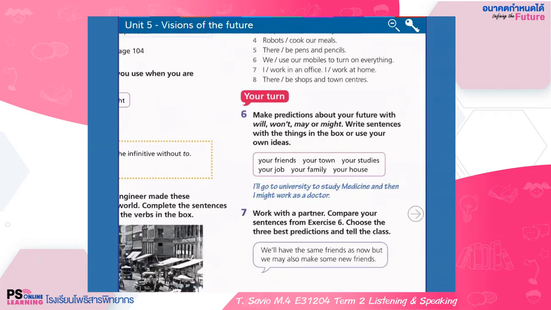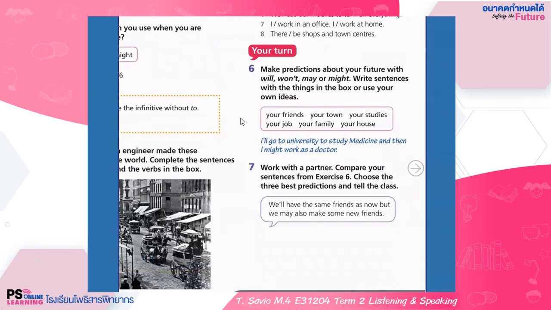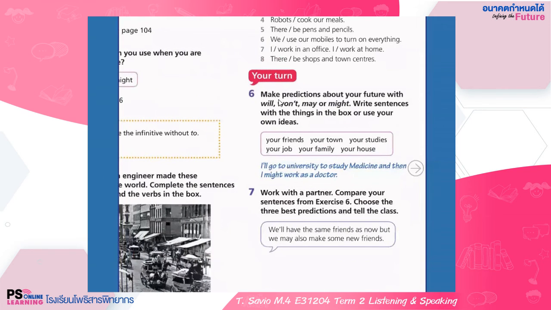Normally your turn we would do in the classroom. Make predictions about your future with will, won't, may or might. Write sentences with the things in the box or use your own ideas. Your friends, your town, your studies, your job, your family, your house.